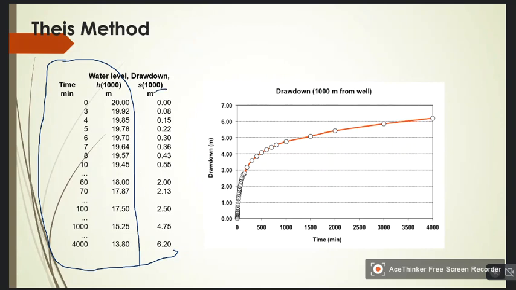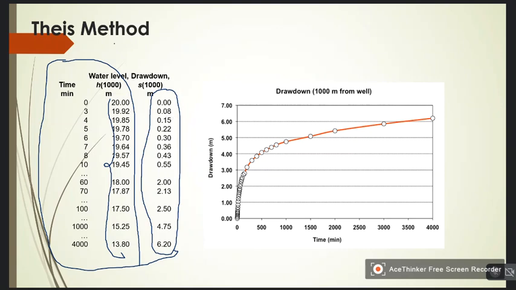And this is calculated by subtracting each of these values from 20. 20 minus 20, 0. 20 minus 19.92, 0.08. 20 minus 19.85. Sir, H1 minus H2?